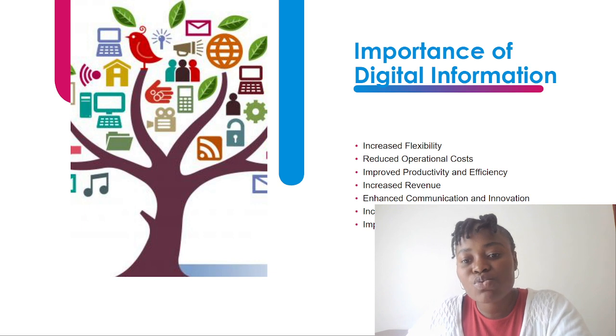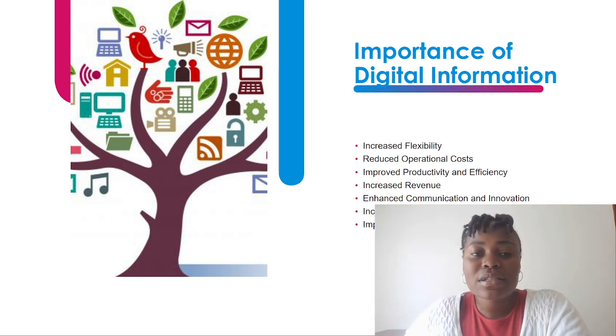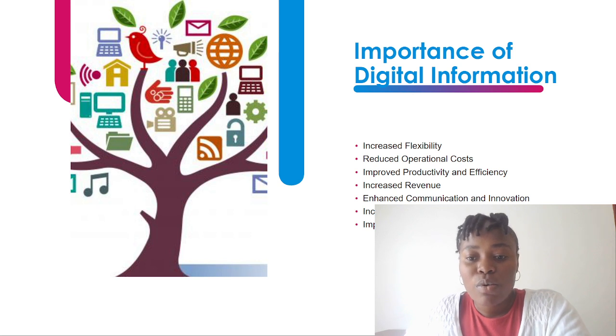The second one is reduced operation costs. Previously, probably in the 2000s, it was very common that information had to be printed for it to be consumed, examples being newspapers and books. But digital information has reduced operation costs in terms of printing, and so information can be accessed online wherever.